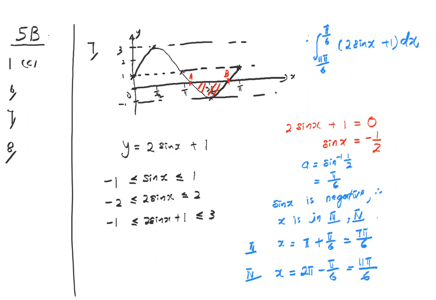If I ask you to show algebraically, then at least you must write down like that. Integrate sin, you get negative cos. Am I right? And plus x. Then you have 11 pi by 6 and here is pi by 6. Then you substitute in. Clear?